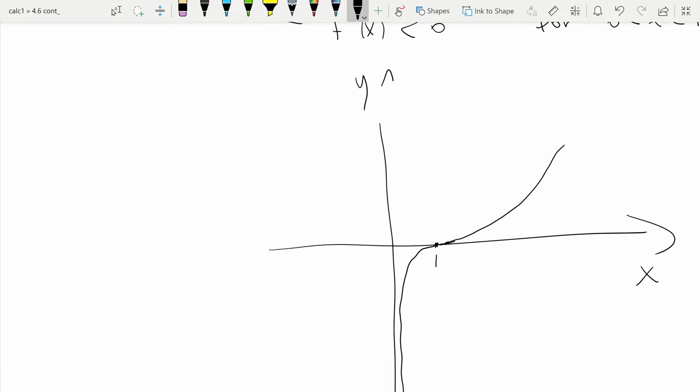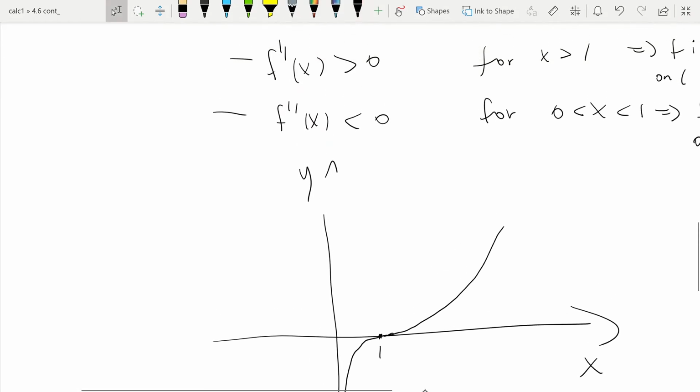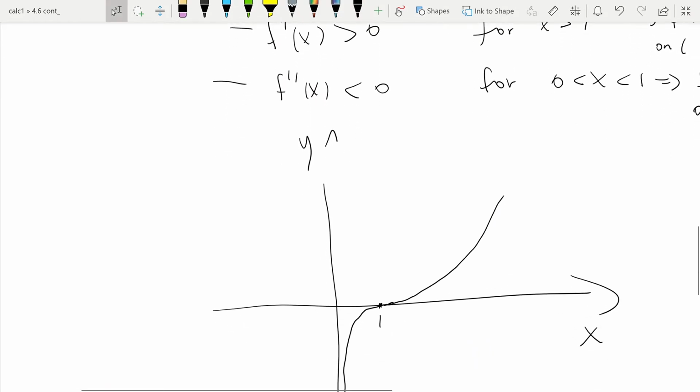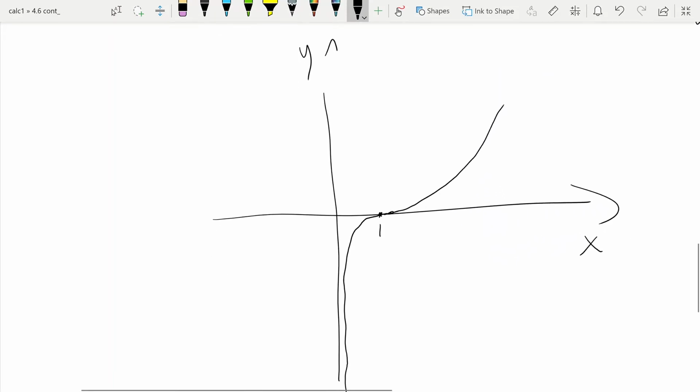So remember that f prime is positive everywhere except at 1, so f is increasing everywhere. But here we draw the graph like this because f double prime is positive, so the function is concave up for x greater than 1.